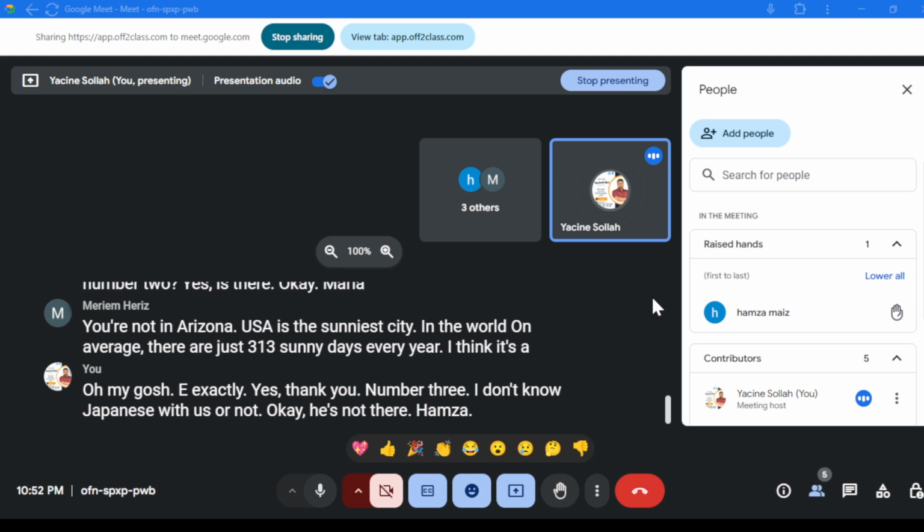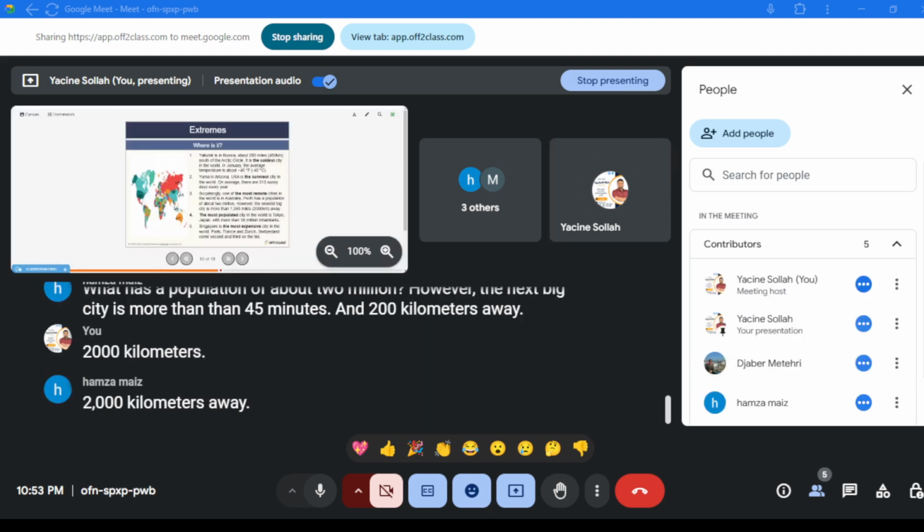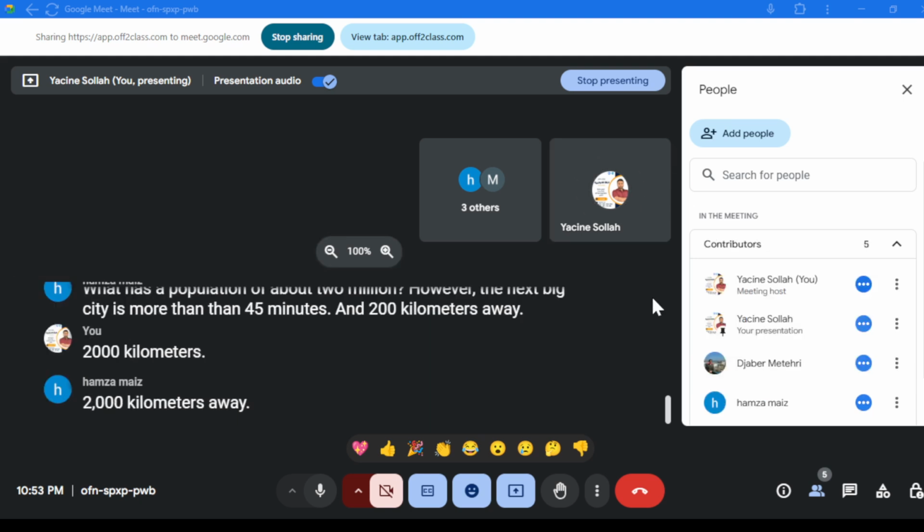However, the nearest big city is more than 1,245 miles, 2,000 kilometers away. In Australia, C. C, yes, very good. The most remote cities, yes. Thank you. And the last one, number 4.